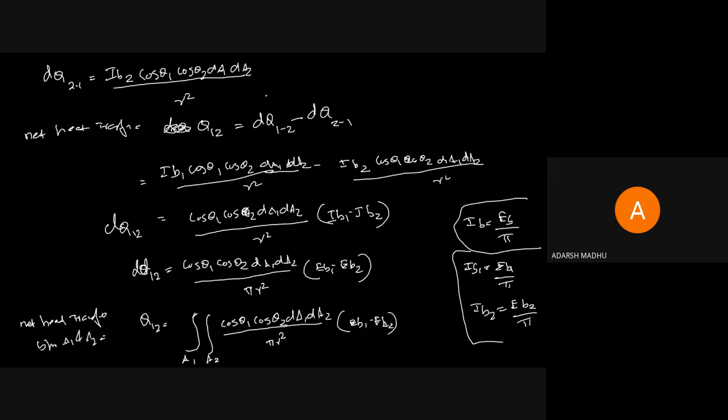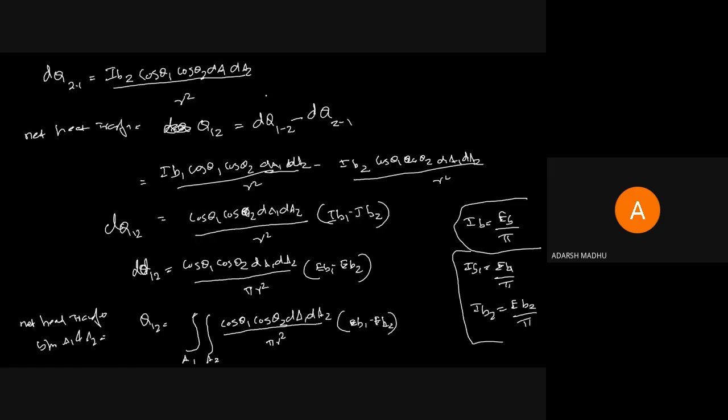So we can write EB1 minus EB2 as sigma into T1 raised to 4 minus T2 raised to 4, that is, sigma T1 raised to 4 minus sigma T2 raised to 4.